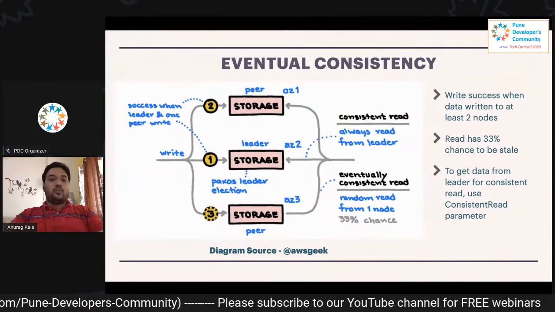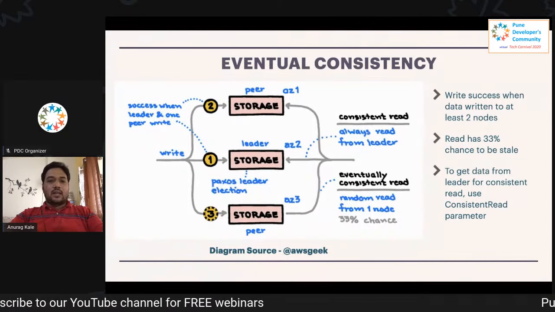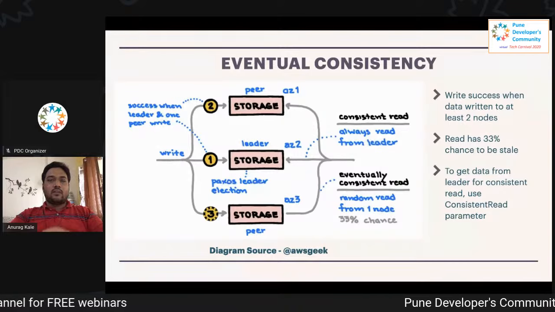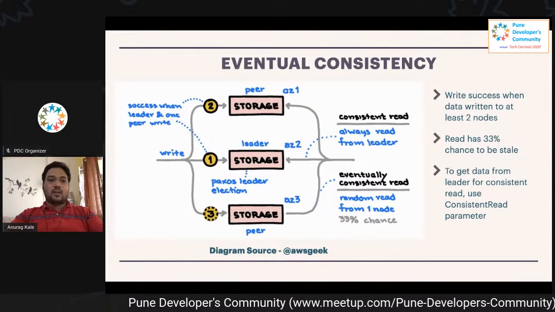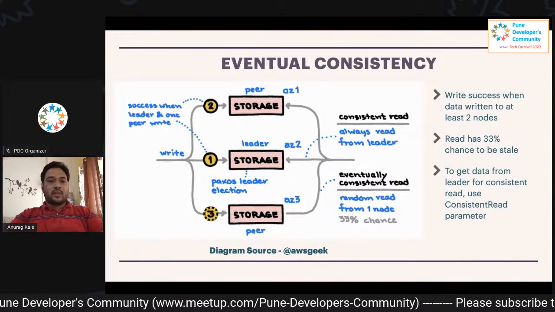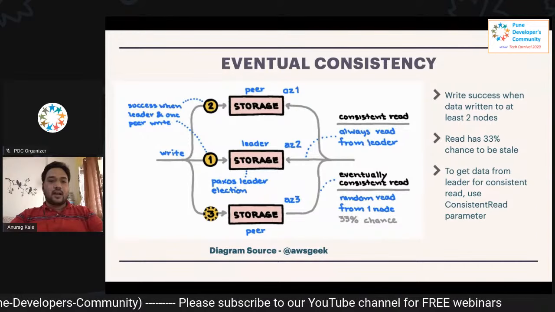We talked about eventual consistency. What exactly does eventual consistency mean? Like I mentioned in the last slide, whenever you write data, the data is captured in at least three different nodes. Now let's say on the left part of this diagram, there is a write.